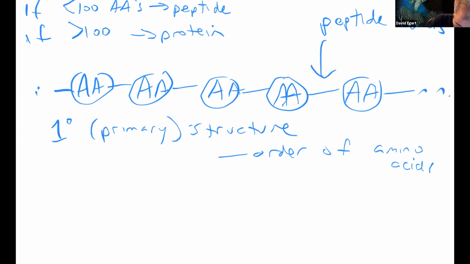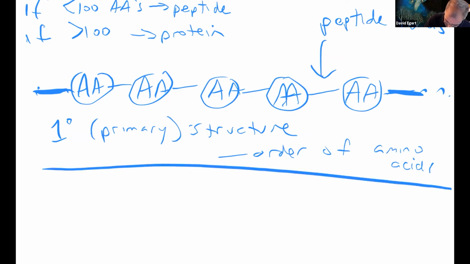So primary is just this big long snake of amino acids, but that is not where it stops. What happens from here is you get hydrogen bonding between different amino acids in the chain. There's two main forms of this hydrogen bonding. So we're now going to go to secondary.